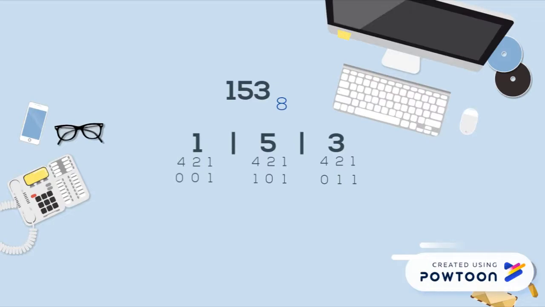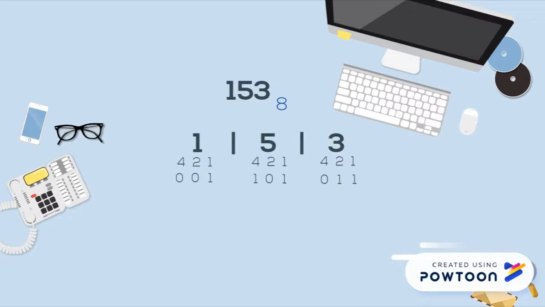Next, we are going to put the binary 0 on all the number markers unneeded for each digit. For digit 1, we have the number markers 4 and 2. For digit 5, we have 2. And for the digit 3, we have the number marker 4 that is unneeded.